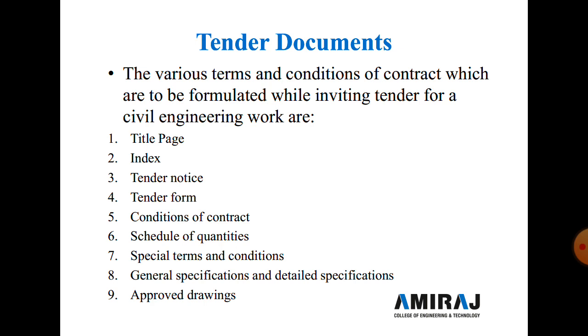Now fifth one is the condition of contract. This document contains various conditions of contract, and these conditions are binding on the parties who fill up the tender into a contract.